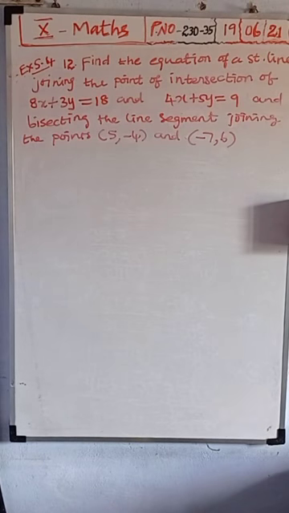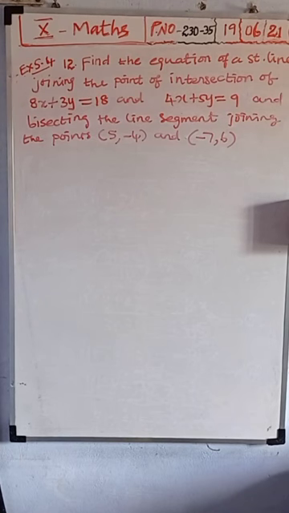See the next, 12th question. Find the equation of a straight line joining the point of intersection of 8x plus 3y is equal to 18 and 4x plus 5y is equal to 9, and bisecting the line segment joining the points (5, minus 4) and (minus 7, 6).